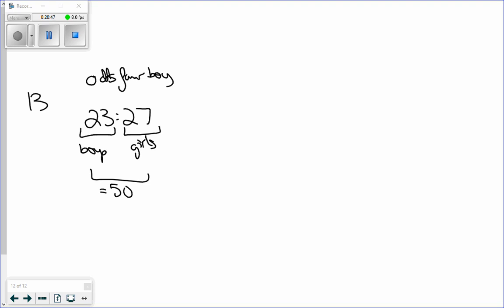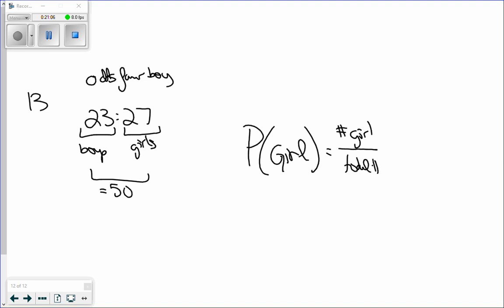Okay. Using this data, the probability that the next baby is a girl. Okay, so you want the number of girls over the total number, right? The number of favorable over total. So what's the number of girls? 27 over 50.